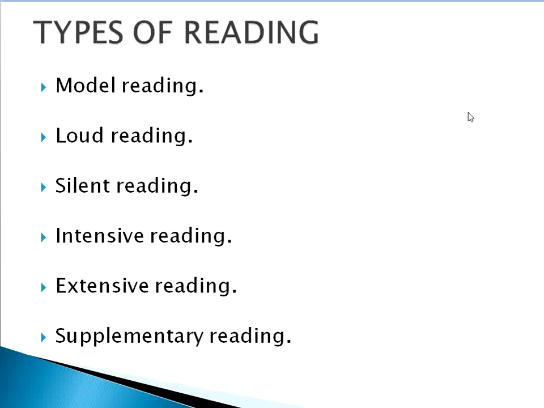Exam oriented. So from that point of view, we can say supplementary reading is a sort of extensive reading, but it might have a link with what? Classroom reading also. So these are different types of reading.